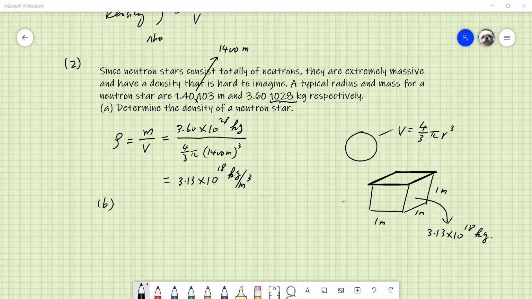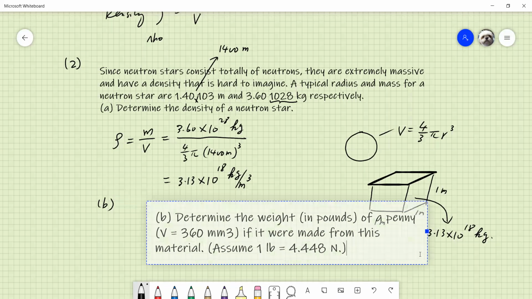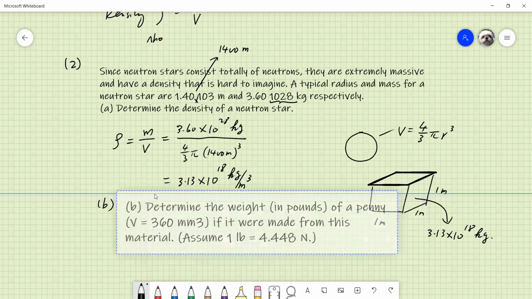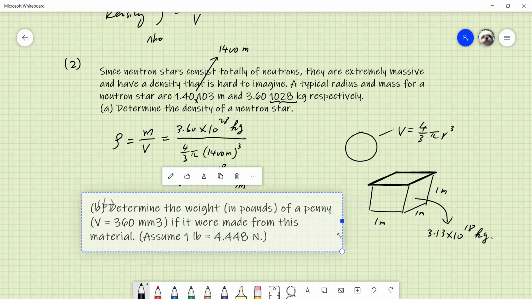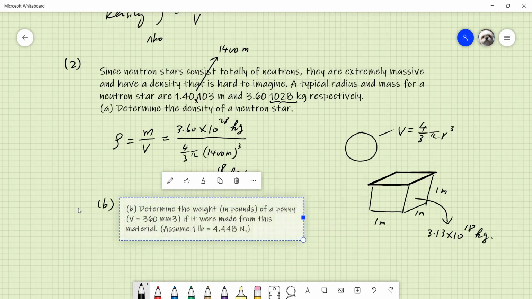Now, next question: determine the weight of a penny in pounds if it was made of the neutron star material. Now I'm going to find it.